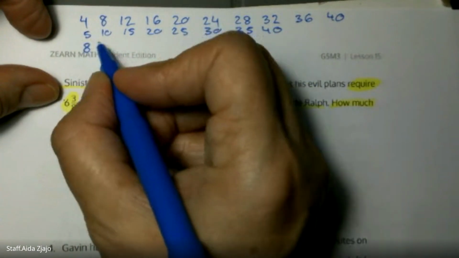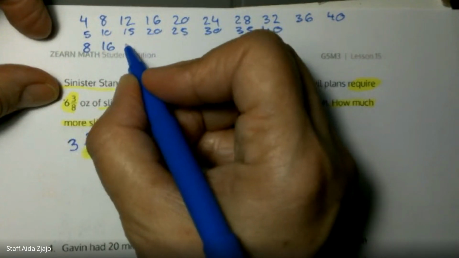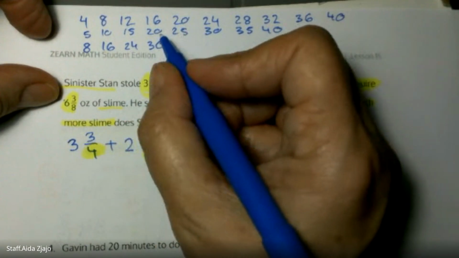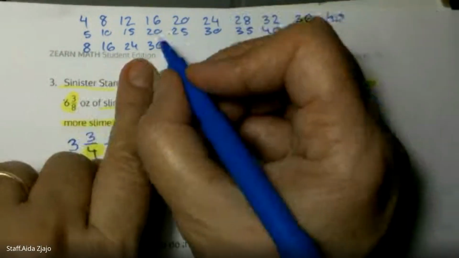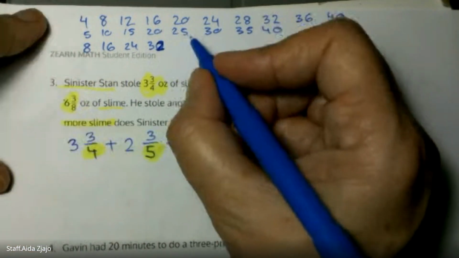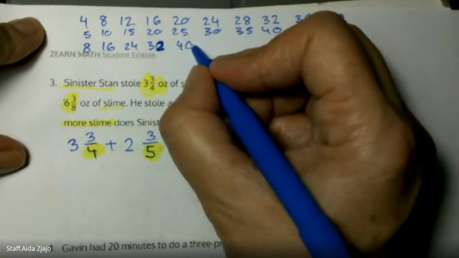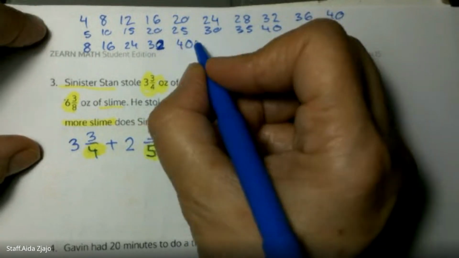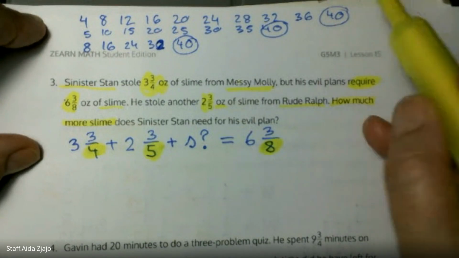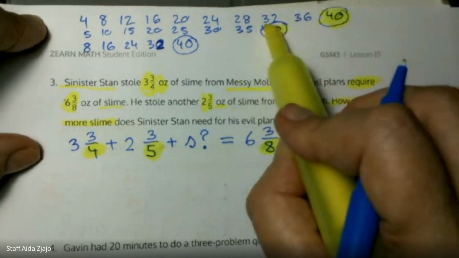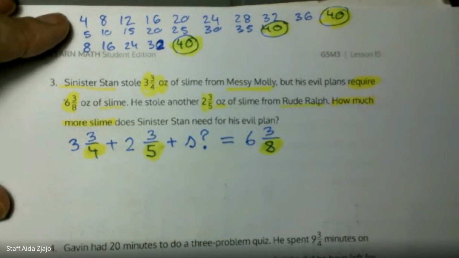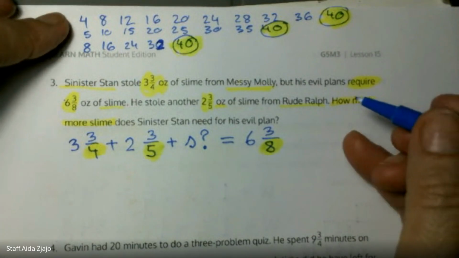I will do 8, 8, 16, 24, 32, and 40. So we can see that there is 40 that we need to change all 3 fractions into 40th pieces.